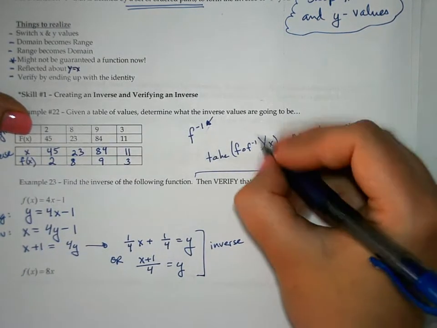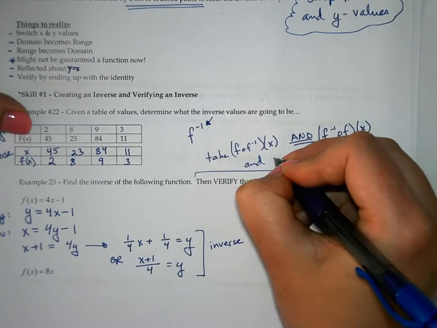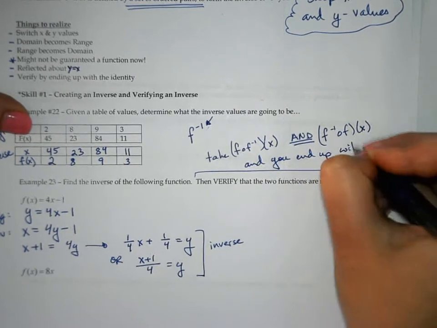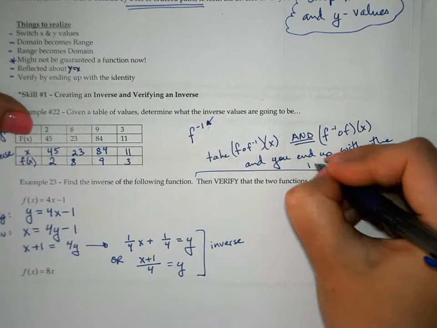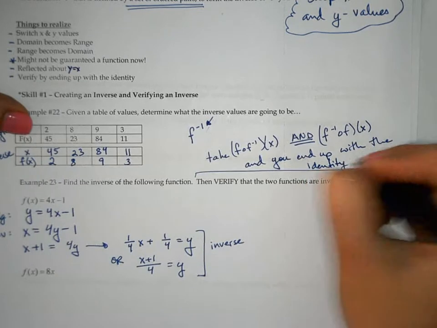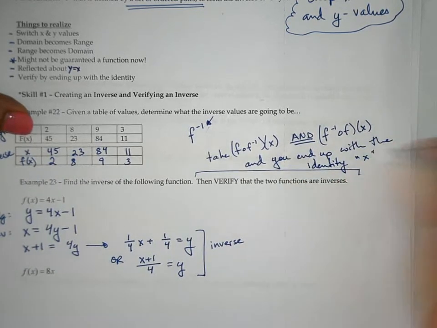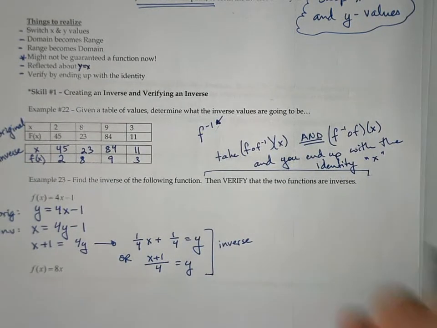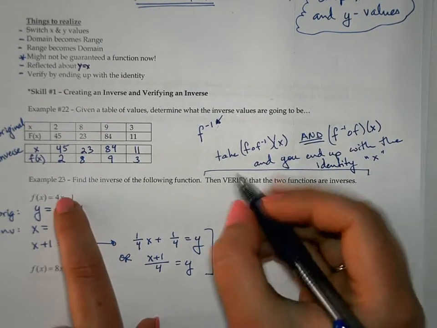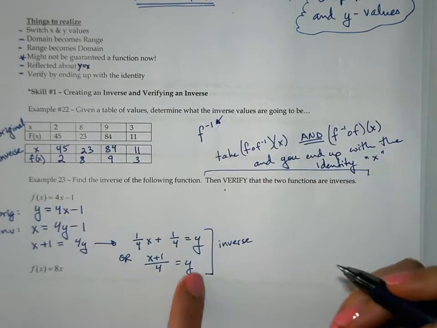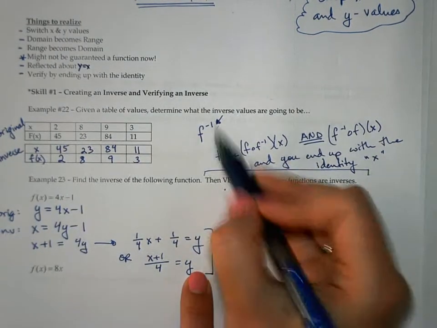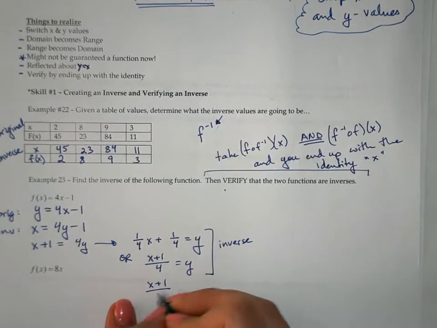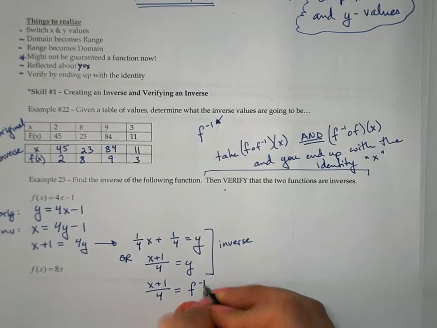If both of those give you the identity, which would be x in this case, then you know that they are inverses of each other. So, remember I said you could put the little f inverse sign? We could also write this: x plus 1 over 4 equals f inverse.